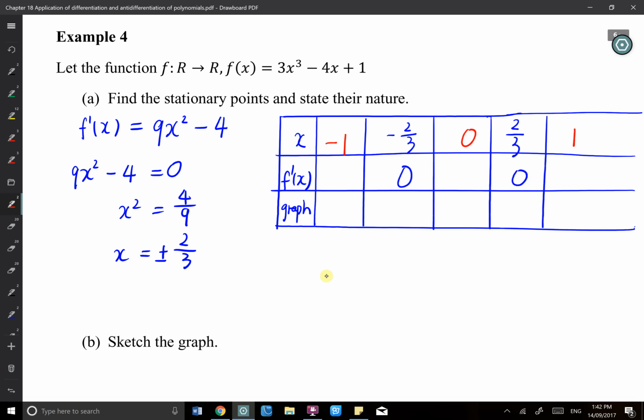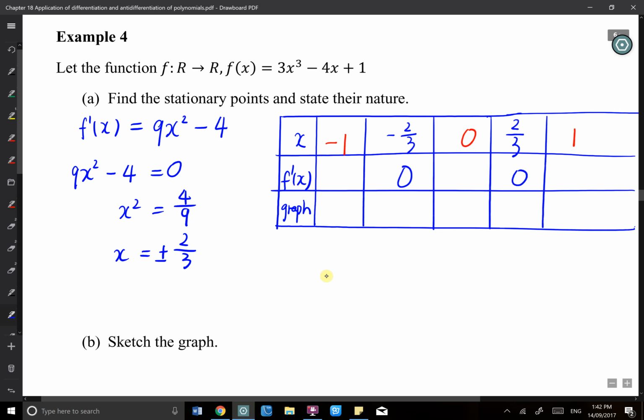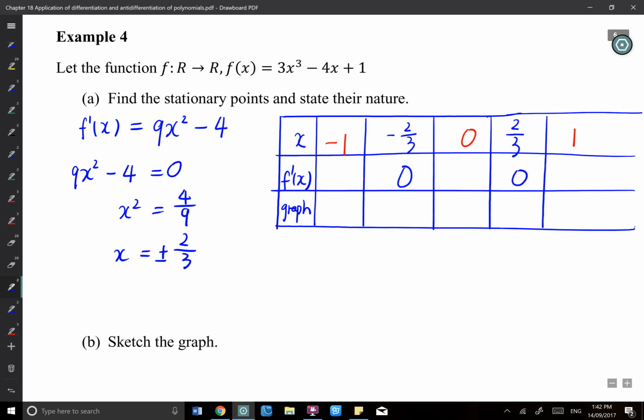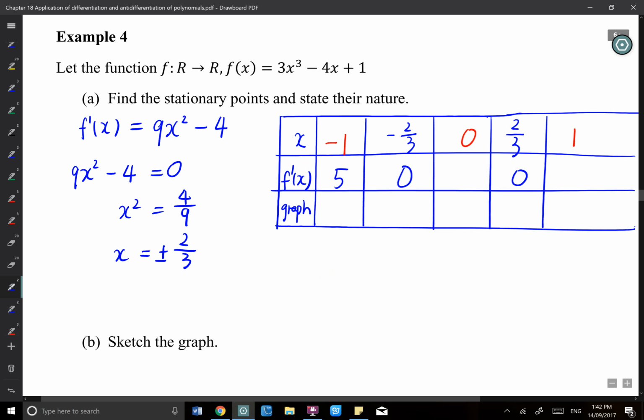We put that into the f'(x) function. Negative 1 squared is 1, 9 minus 4, 5. I put 1 in, that is 5 as well. I put 0 in, that's negative 4. Increasing, 0, decreasing, 0, increasing.